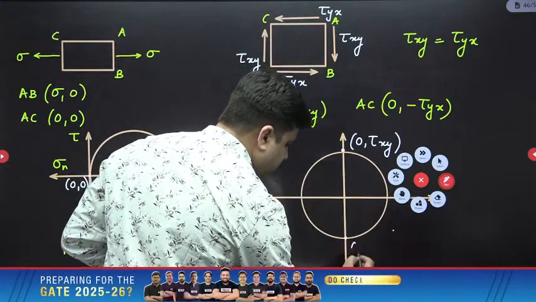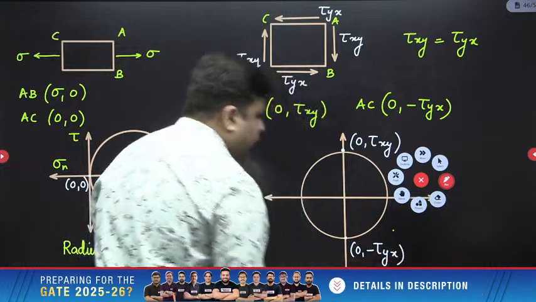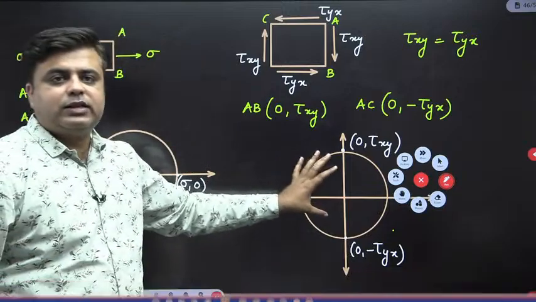This is 0 comma minus tau yx. And this is the condition where you will get this type of Mohr circle.